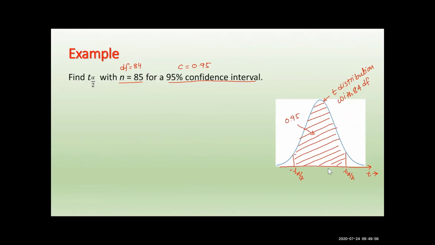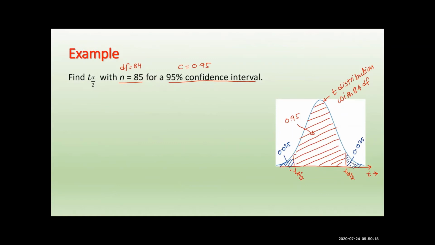If you divide the 5 into 2 parts, it will be 2.5%. So this area here is 0.025, and this one here is also 0.025. Label it like that.